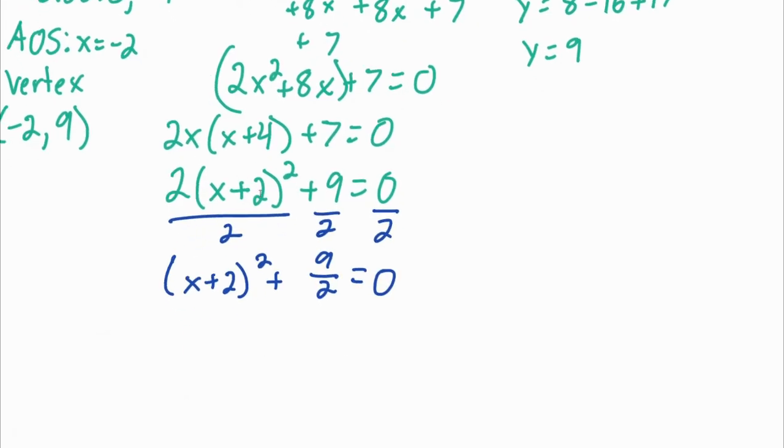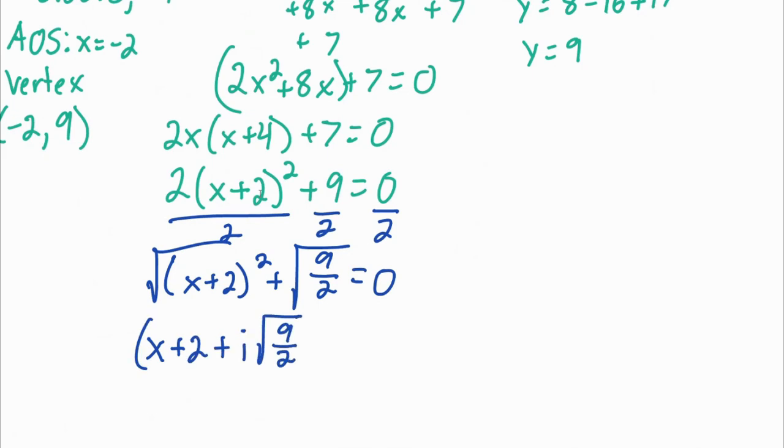So again, we normally do a difference of squares, but we have this as plus, and that's what kind of throws us off. But all that's going to change is that we need to include i. So that plus tells us we need to include i. So we're still doing the square root of these two terms, so the square root of the first term plus i times the square root of the second.